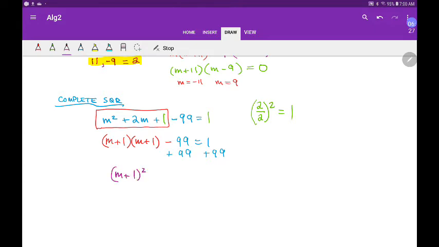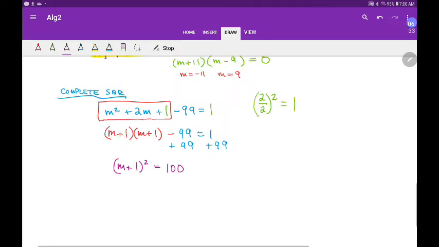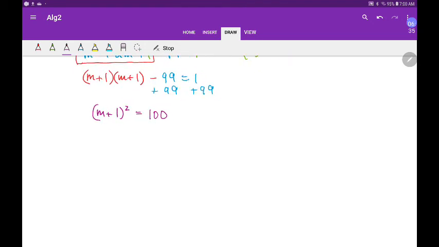That means times itself, and it is equal to 100. Okay? And then the magic bullet comes in, and I'm allowed to take the square root of both sides. Square root of both sides. Okay? So now the square goes away, and I just have m plus 1.